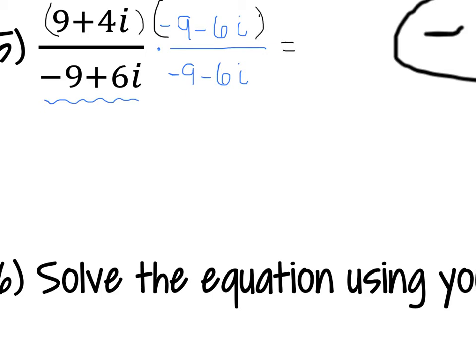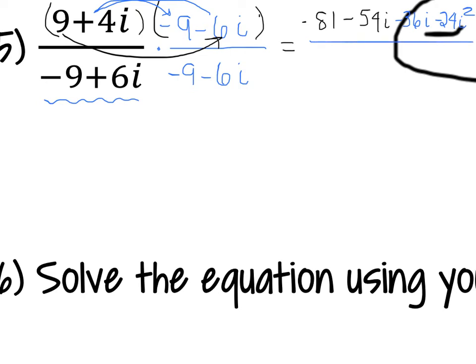So all I'm essentially doing is FOILing. I have a binomial times a binomial. So negative 9 times negative 9 is negative 81. Now we have 9 times negative 6i, getting me negative 54i. Now we have 4i times negative 9, getting me negative 36i. And then 4i times negative 6i, getting me negative 24i squared.